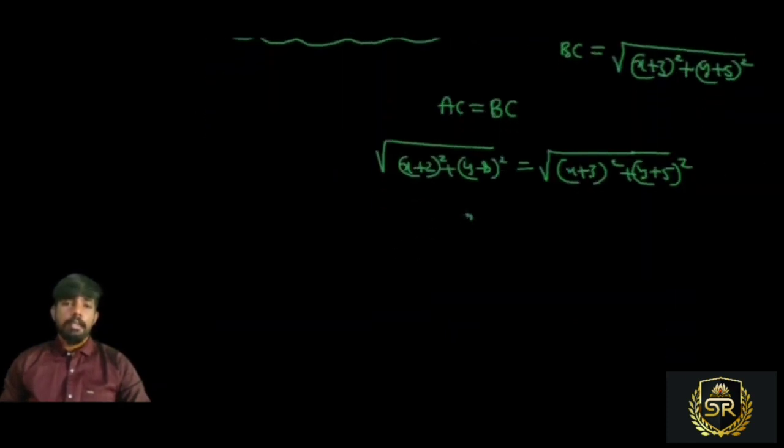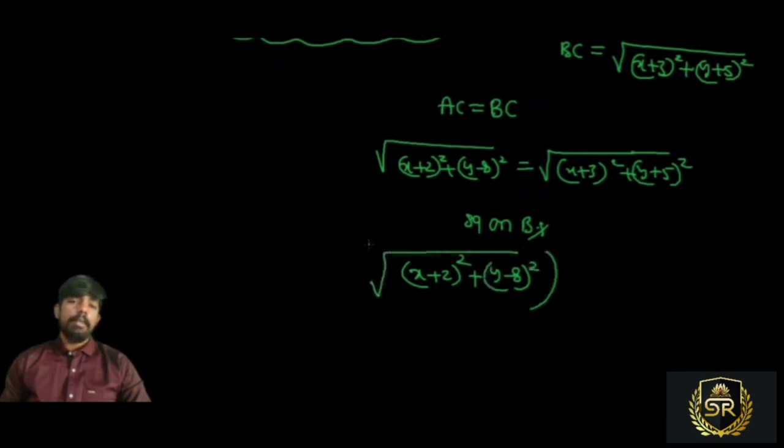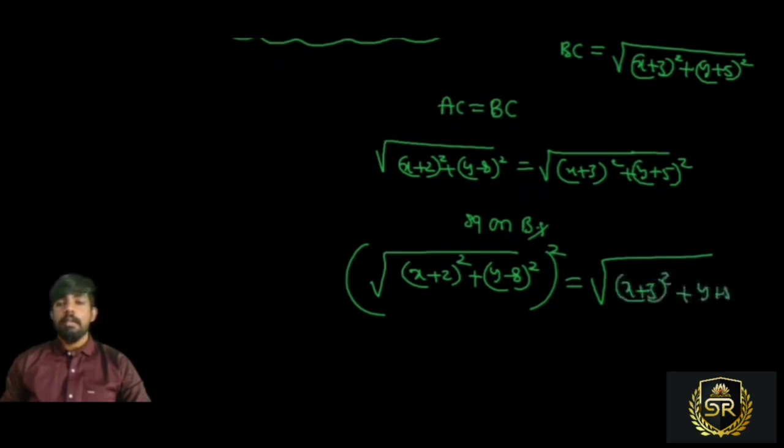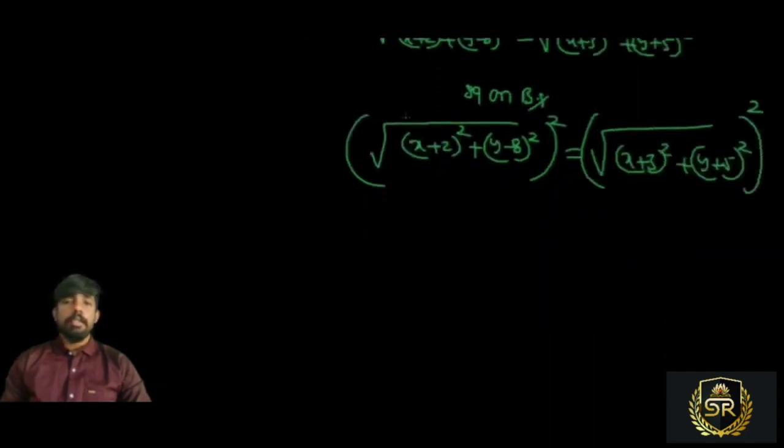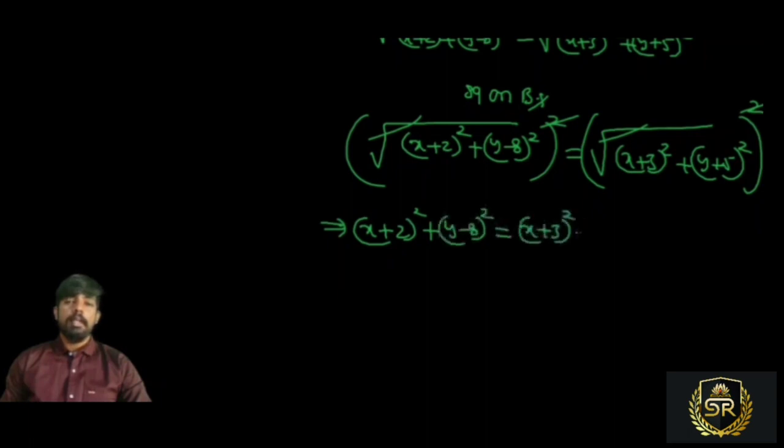So squaring on both sides, the square root gets cancelled. From here we can write (x plus 2) whole square plus (y minus 8) whole square is equal to (x plus 3) whole square plus (y plus 5) whole square.